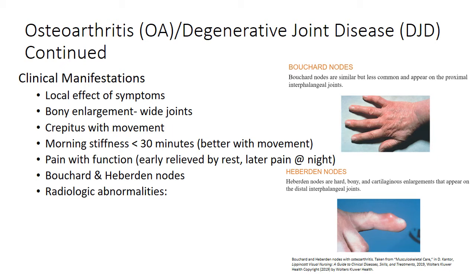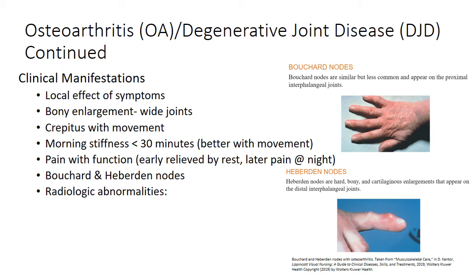When patients have been sitting for too long or they get up in the morning, they might experience stiffness that usually goes away after about 30 minutes of activity. So once they get going, they loosen up a bit. Heberden nodes we find in the distal or far away joints at the end of your finger, and Bouchard nodes are closer to the proximal joints, in the middle of your finger.